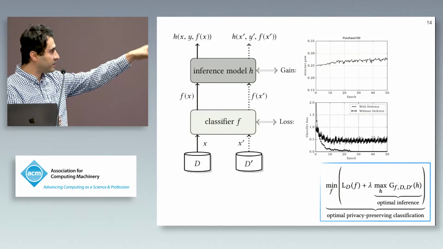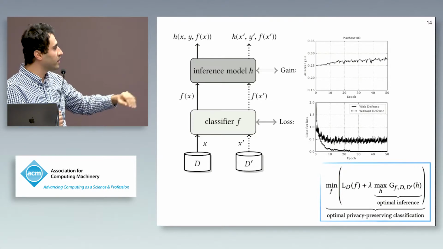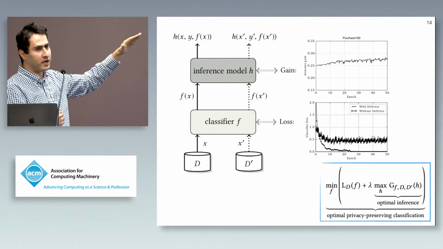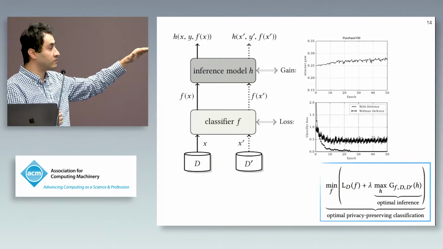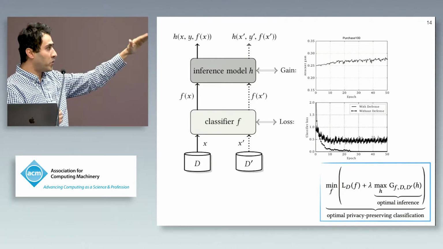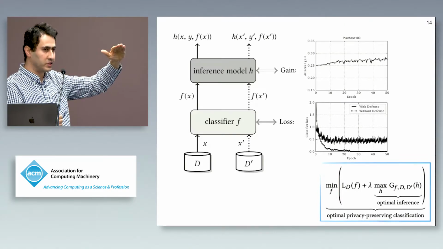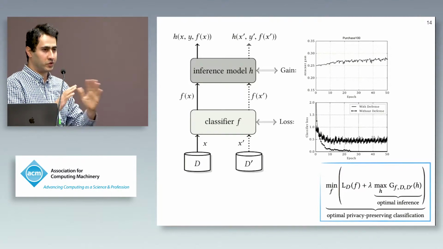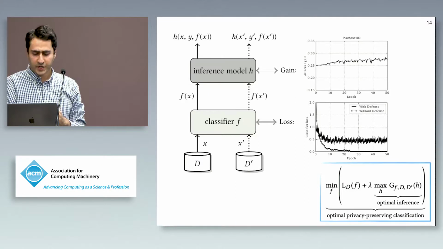You see in those figures that we start from some point, and then we keep optimizing the gain of the attacker and the loss function of the classifier. At some point, we start to reach an equilibrium point, and that's the point that we use. We say we're done with training the model.